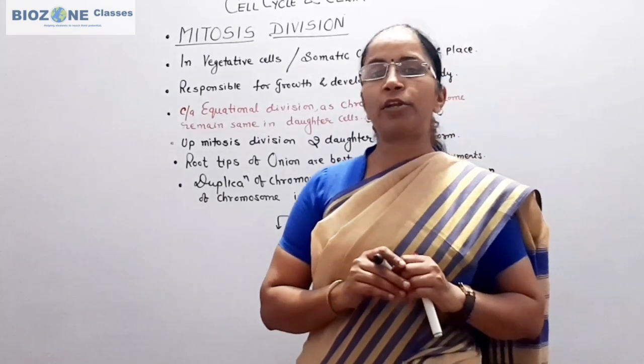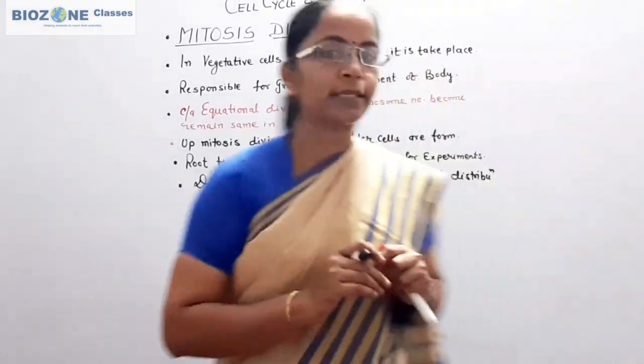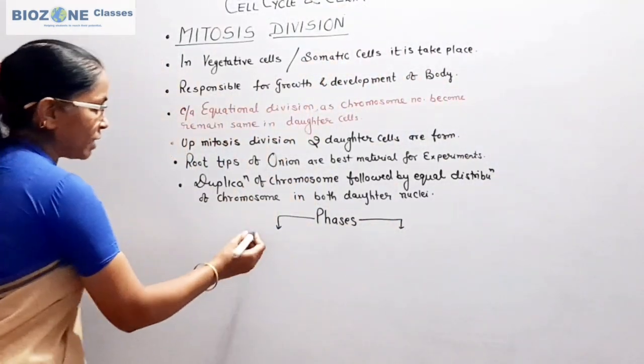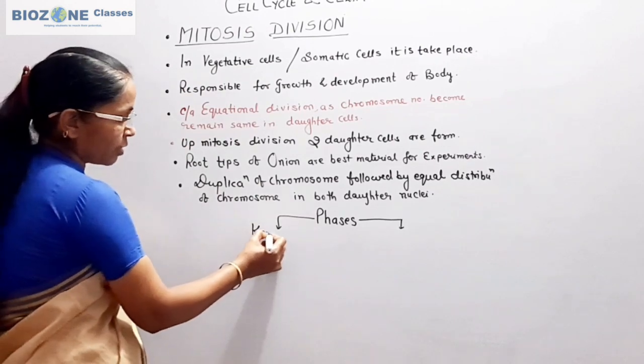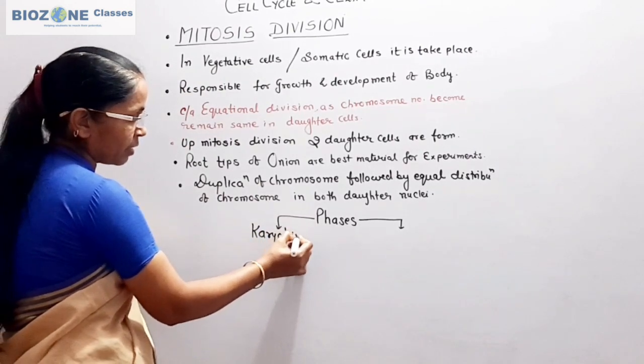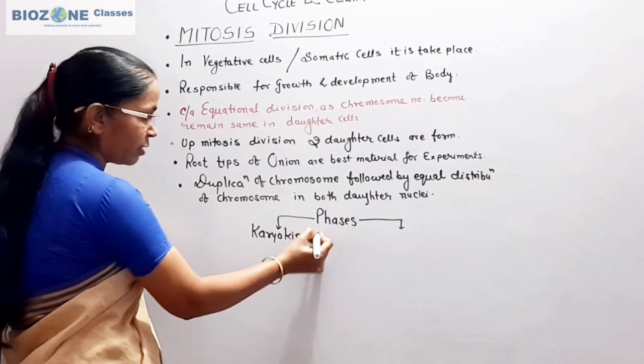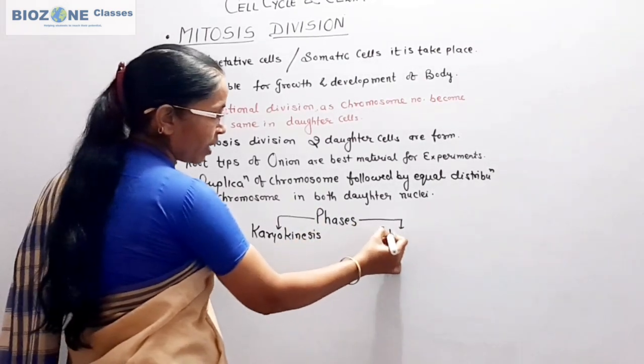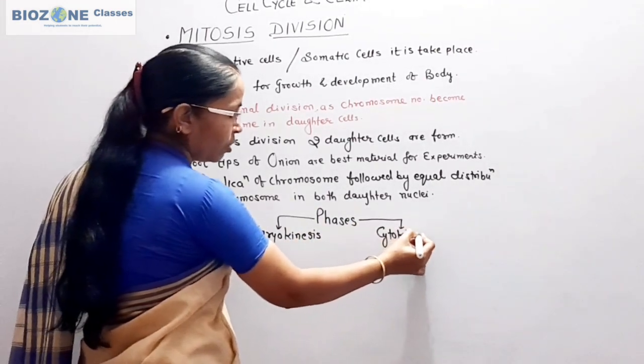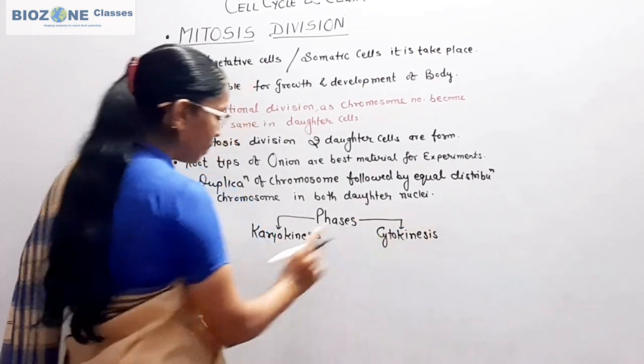That division of cytoplasm is called cytokinesis. So here you remember in phases, first phase is karyokinesis, that is the division of nucleus, and second phase is called cytokinesis. ये part याद रखिए.